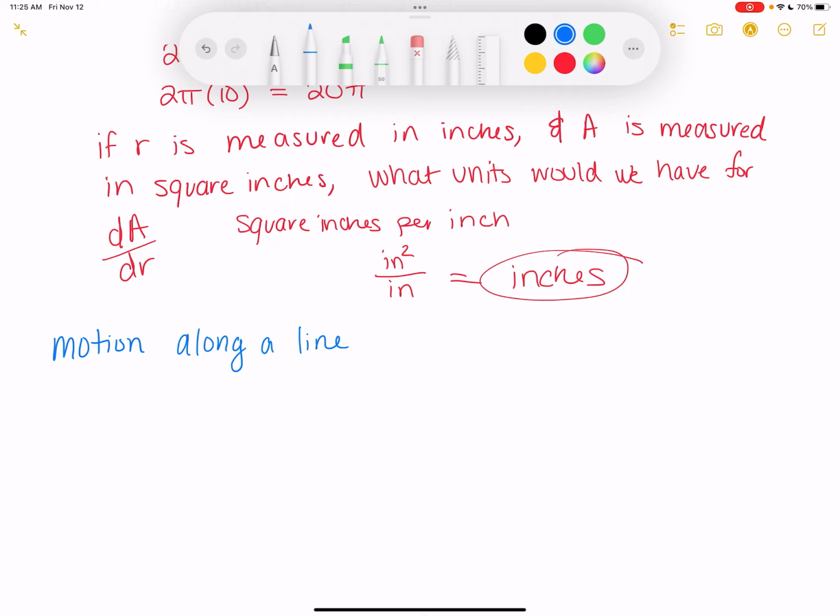All right. Motion along a line. So this is going to start to look, well, if it hasn't already, a lot like physics.